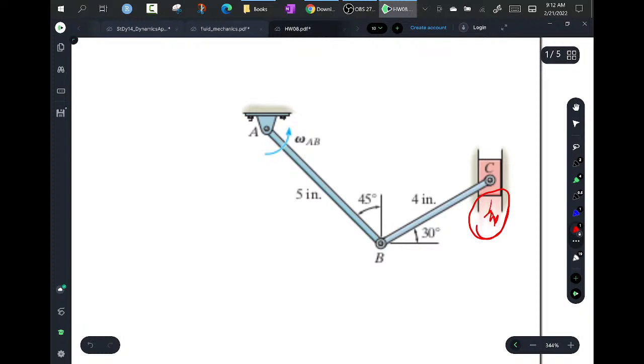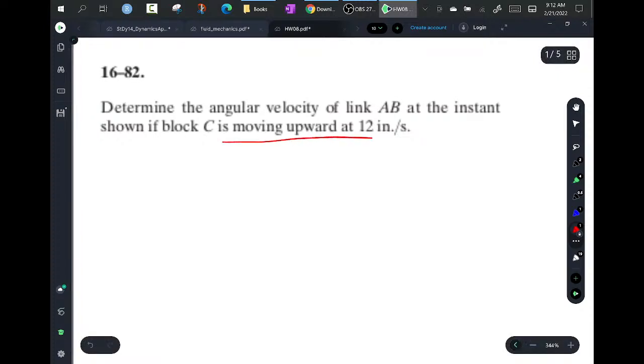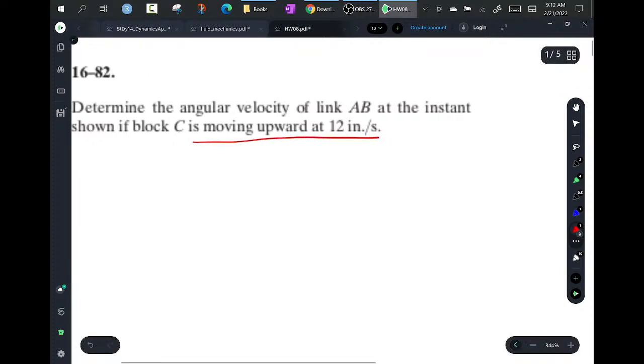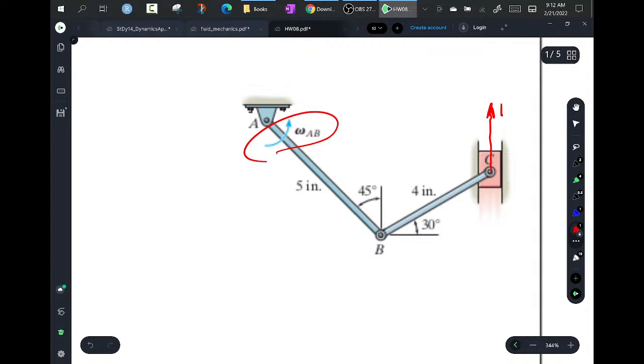He's showing these little streaks here, and because of his streaks, I'm going to assume that it's going this way. I don't know if he gave that. Let's see, what did he give us? Oh, okay. It is moving. I'm going to change that to 1. Everything's in inches, so 12 inches per second.